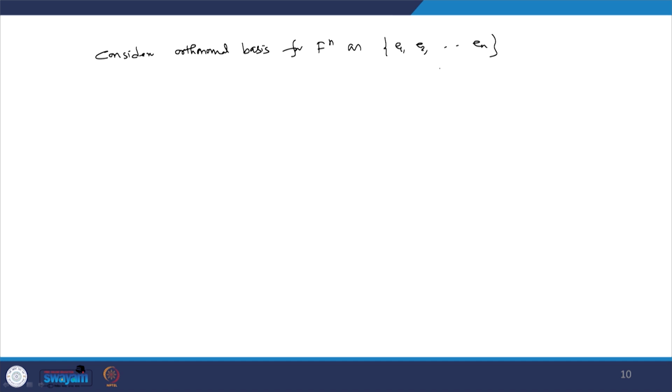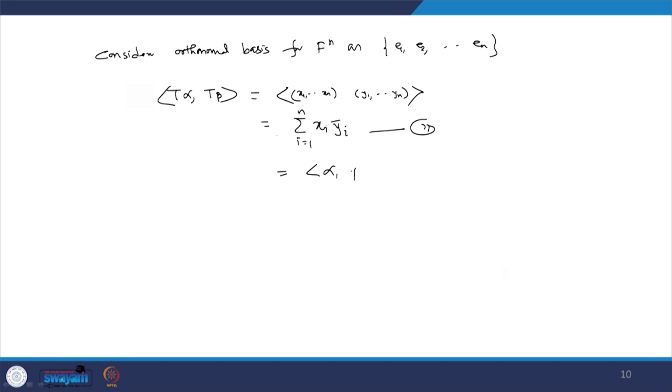So, in that case the inner product of T alpha and T beta, if I consider, is equal to the inner product of the coordinates x1 to xn and y1 to yn. So, this will be equal to sigma x_i y_i bar, i equal to 1 to n, and this is equal to the inner product of alpha and beta only.